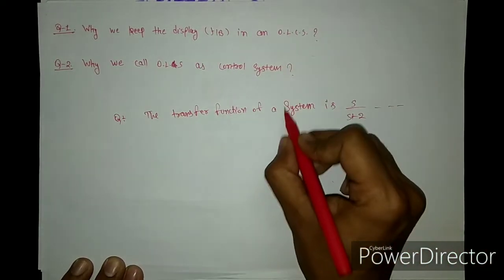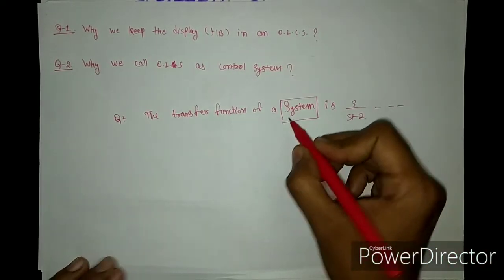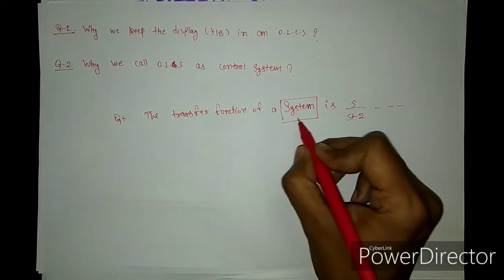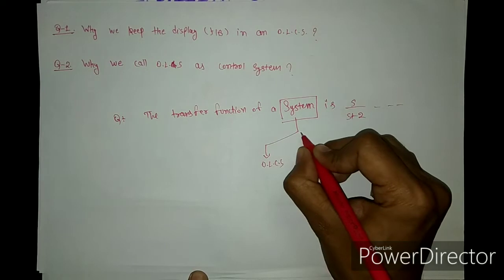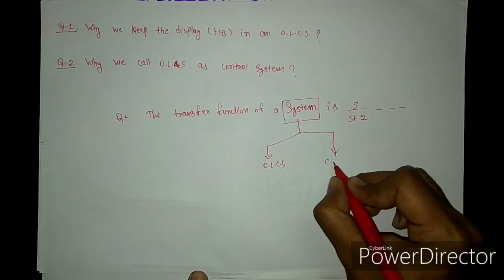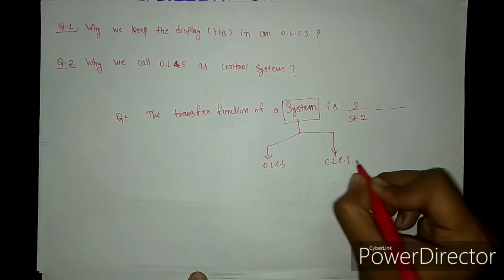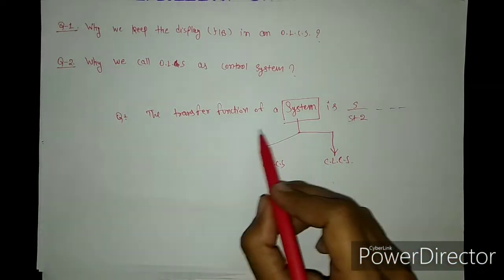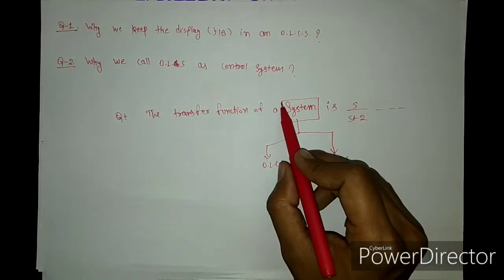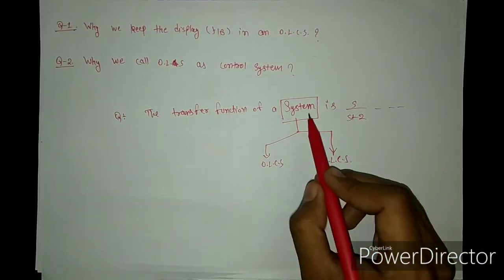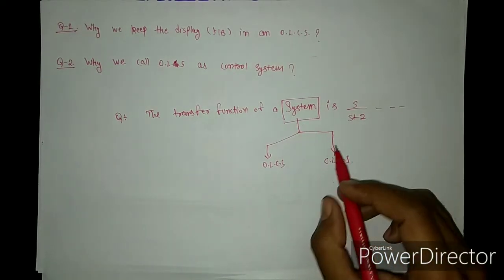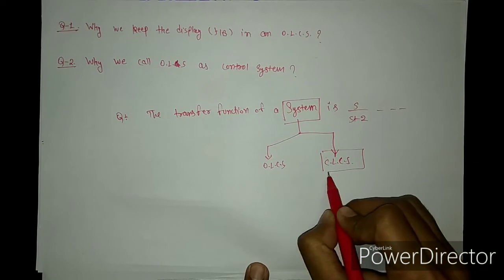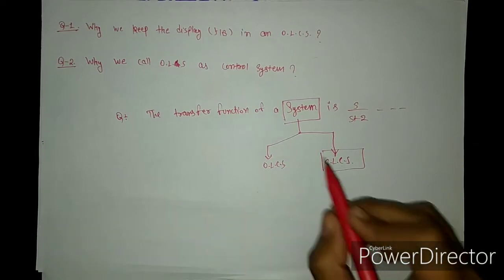Now in this question, what will you understand by this word system? Is this system an open loop control system or a closed loop control system? Whenever a question is asked like this and there is the word system, then this word system will always refer to a closed loop control system. So you should remember that.